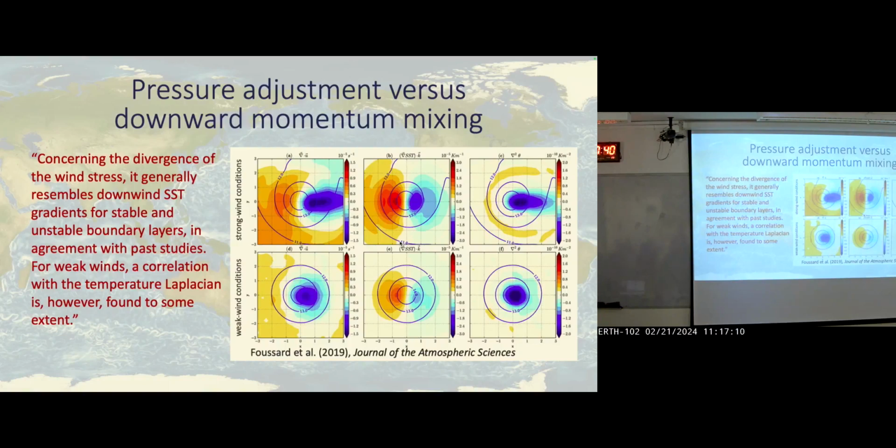And you see that in the upper row, this correlates with the downwind SST gradient, so downward momentum mixing is important in this case. And in low wind conditions, the wind divergence correlates with the temperature Laplacian. So for low wind conditions, it's the pressure adjustment that seems to be more important.